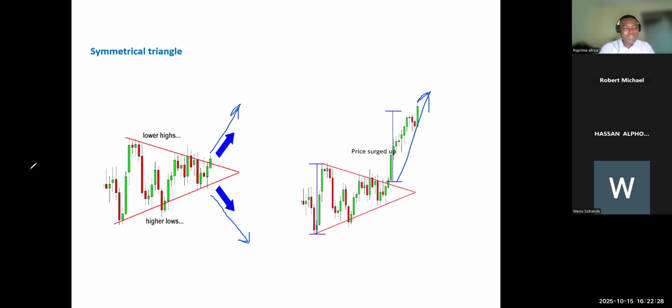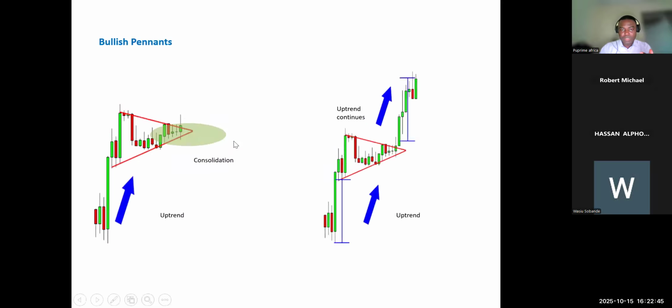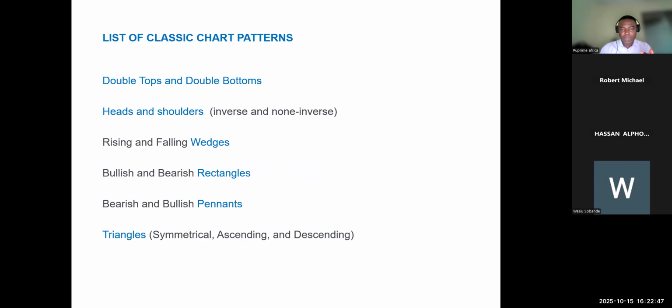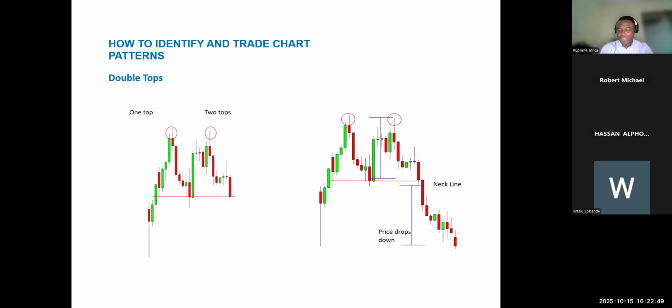All right, so these are the setups I want to show this afternoon. Chart patterns. We've looked at 4 specific chart patterns. The double top and double bottom pattern, where double top will give you a sell signal, double bottom will give you a buy signal. Let's just go straight to the slide to quickly run through it. All right, double top is for sell.